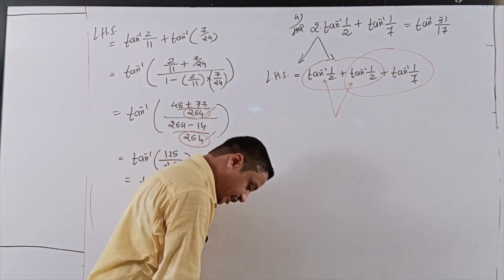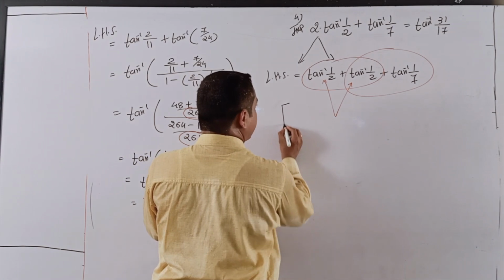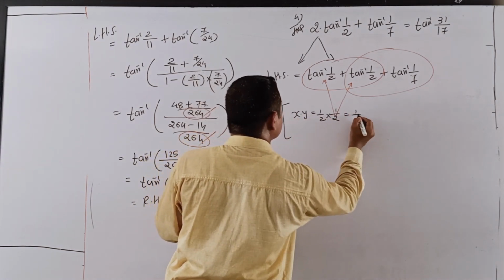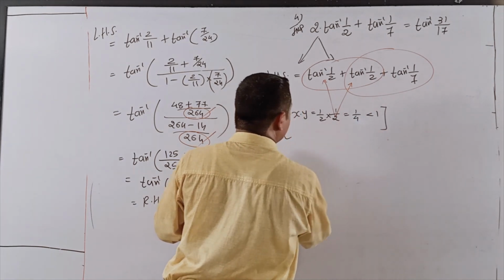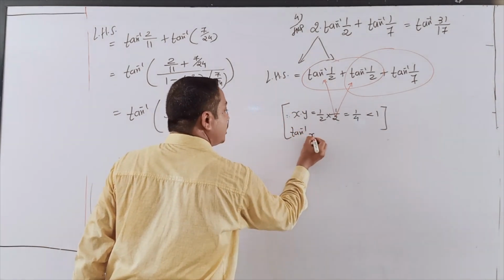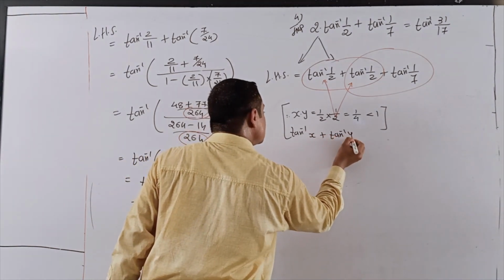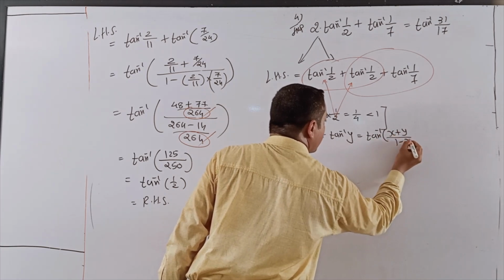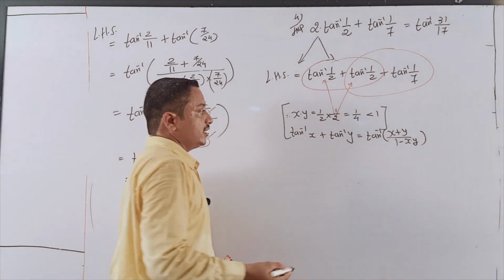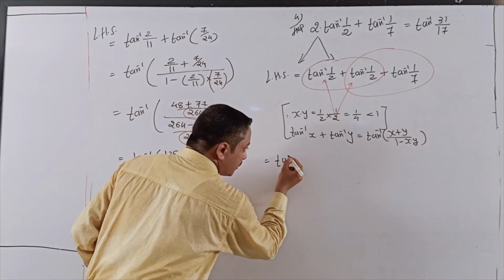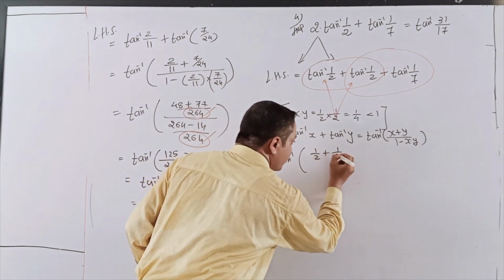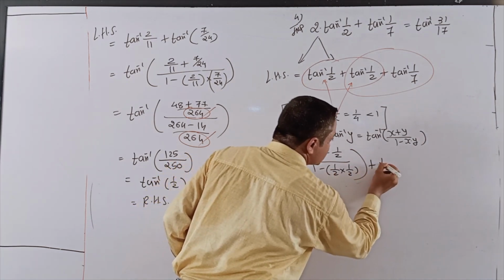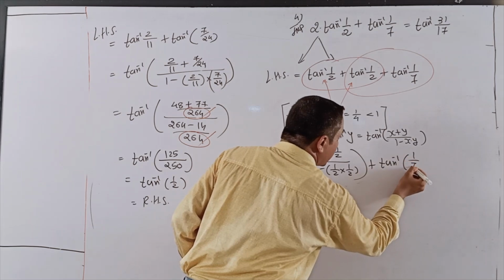So just keep checking, 2 x into y, half into half, it is 1/4, less than 1. So definitely, what is your property? Tan inverse x plus tan inverse y is equal to (x plus y) by (1 minus xy). And this property I apply here in the first two cases, half plus half, 1 minus half into half. And that much is as it is, 1/7 this will.